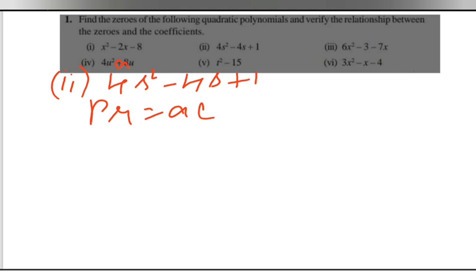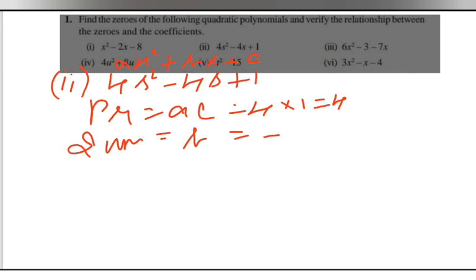This is A, B and C, in the format Ax square plus Bx plus C. So here AC is 4 into 1, that is 4. And the sum will be B, that will be equal to minus 4.